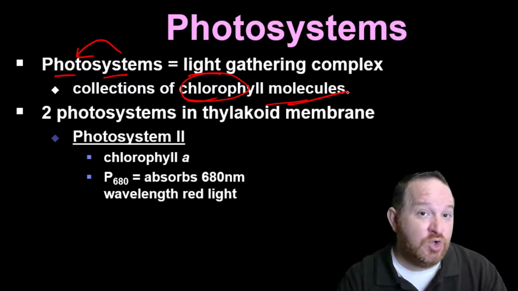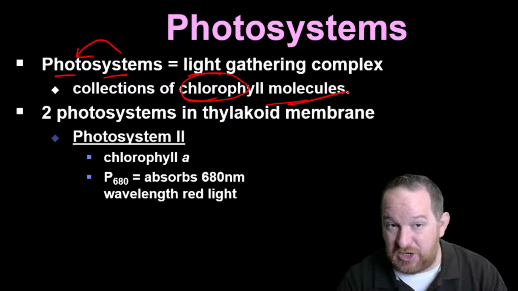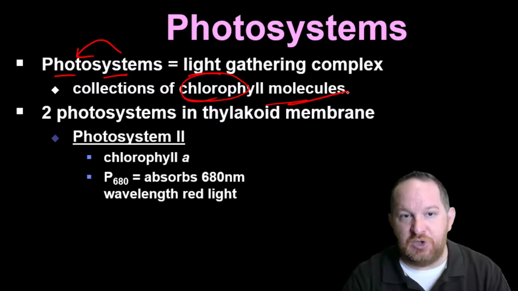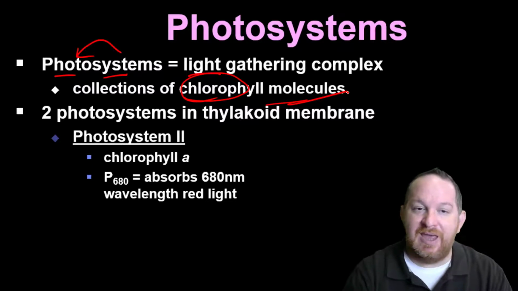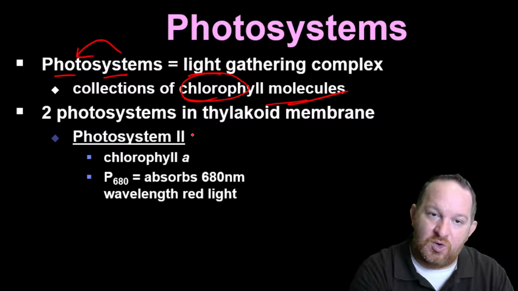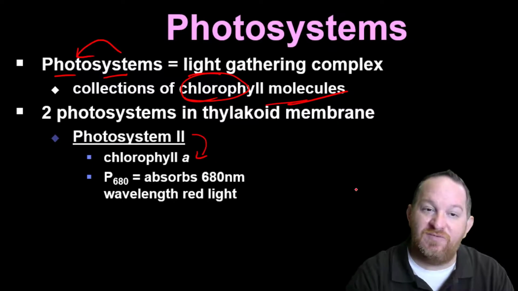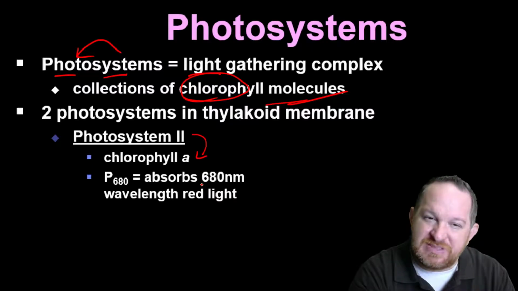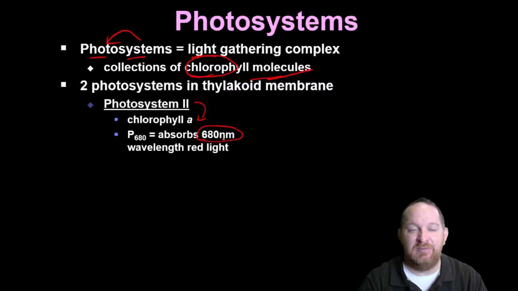There are two photosystems that we're going to talk about here that are in the thylakoid membrane: photosystem 2 and photosystem 1. Now, photosystem 2 uses chlorophyll A, and chlorophyll A, we know, absorbs specifically red wavelength of light at 680 nanometers.